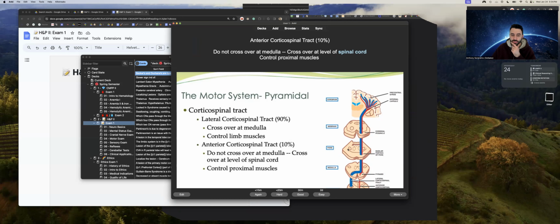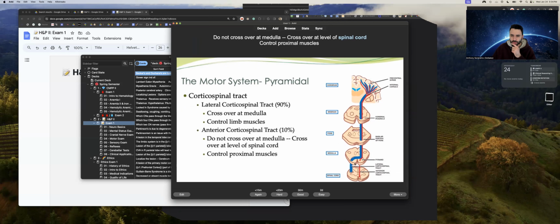So proximal muscle is, I don't know, like my chest and my shoulder. Oh yeah, you could see it here. The blue one crosses, which is the lateral. Oh, that's why it said most. But the anterior corticospinal tract, the things in the front.